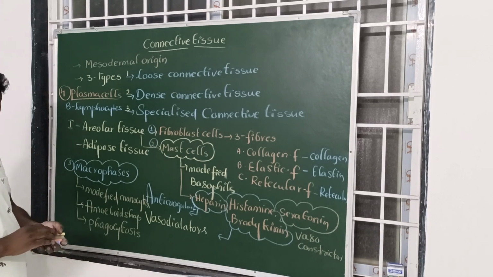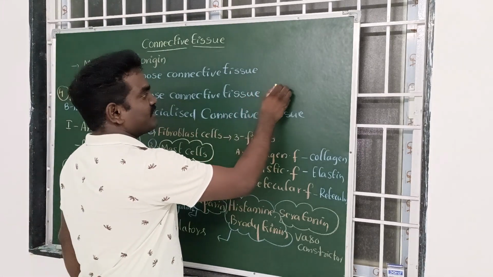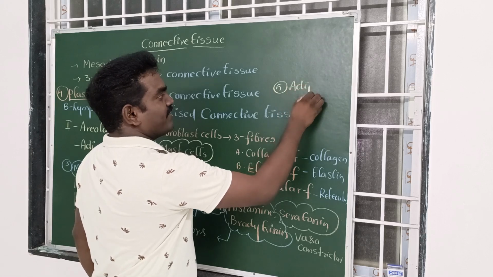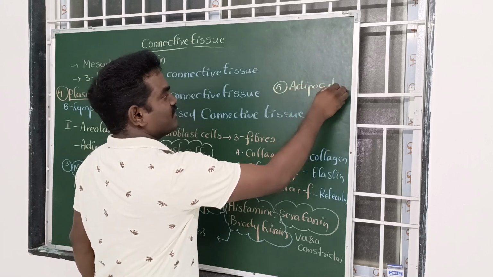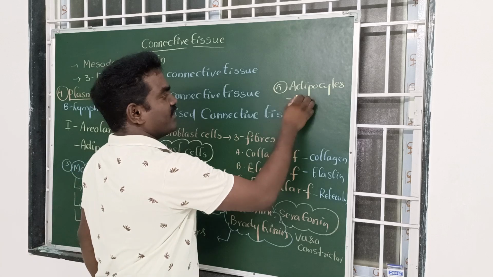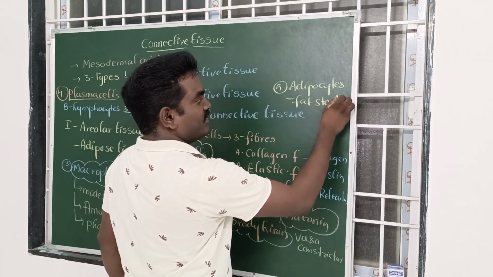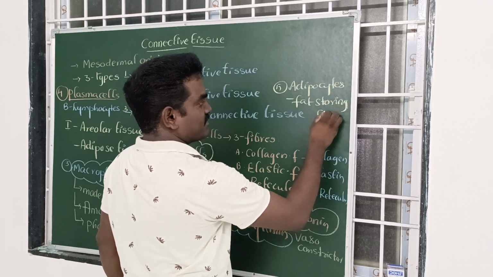And last but not least, the fifth type is adipocytes. They are fat storing cells.